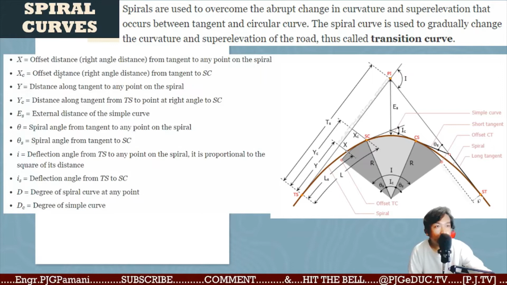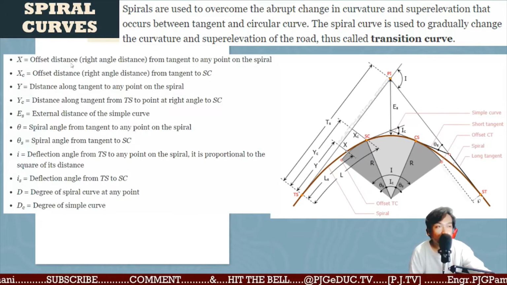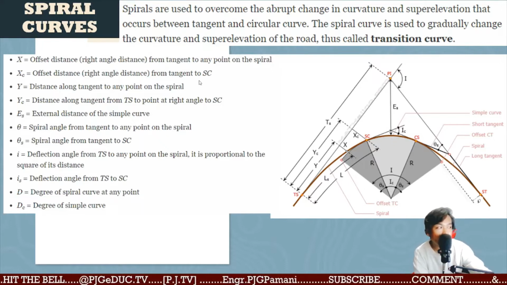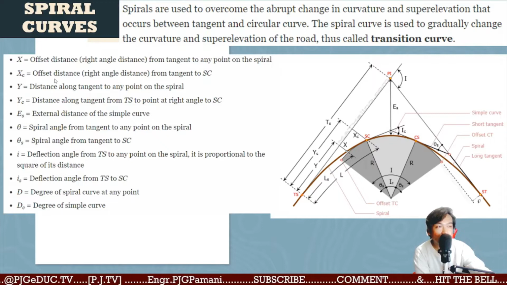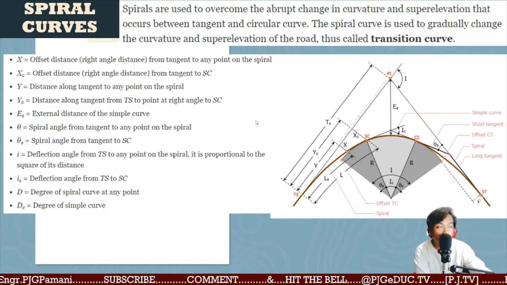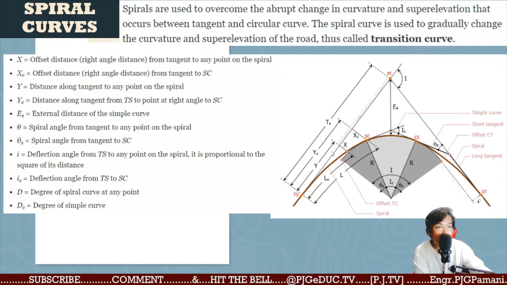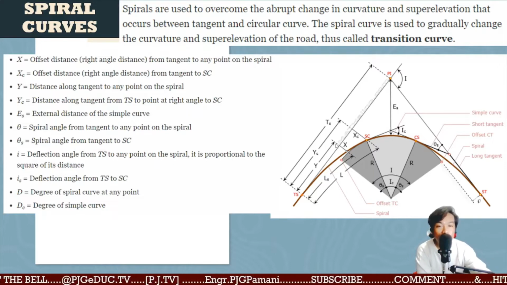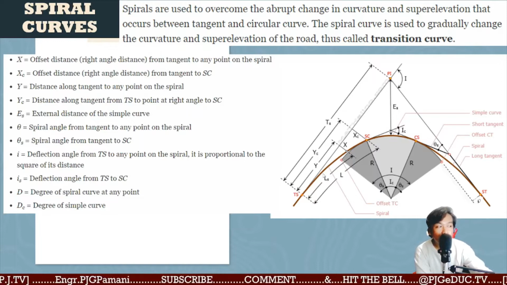Now, for the X offset distance, which is your right angle distance from tangent to any point of the spiral. XC is the offset distance, right angle distance from the tangent to SC. Y is the distance along the tangent to any point of the spiral, either if they are in first quarter, second quarter, or fourth quarter distance of the spiral curve.